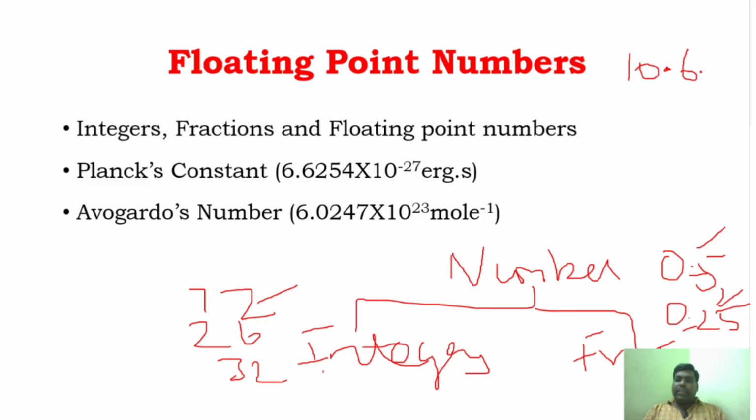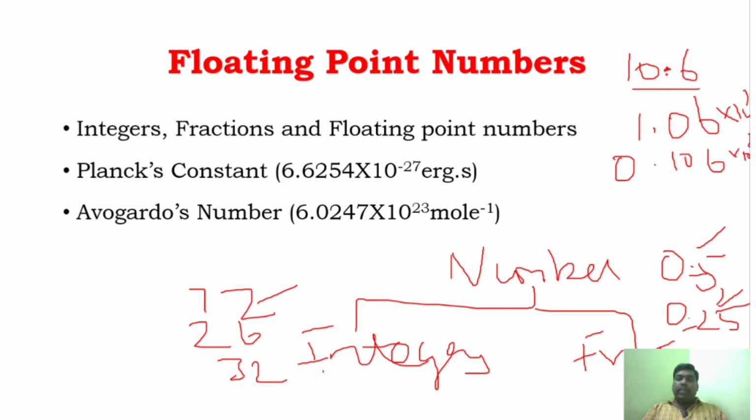We can represent this particular number, consider this as a decimal number, using floating point. What we can do is we can do it like this: 1.06, or we can also represent it like 0.106, into 10 to the power of 1, and here into 10 to the power of 2, something like that.